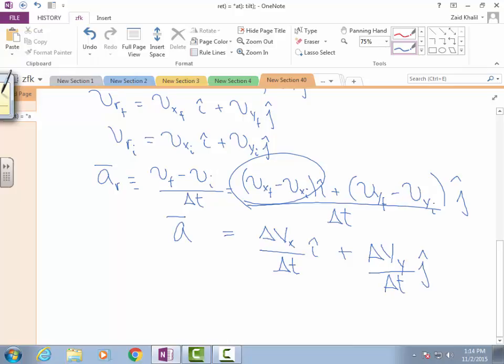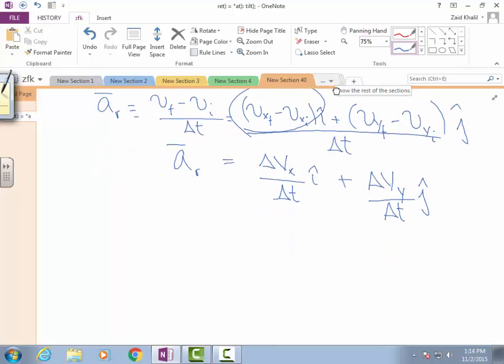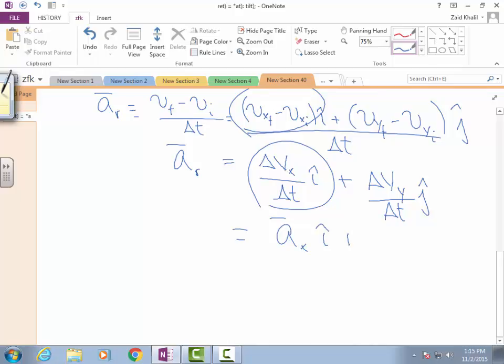That is the average acceleration in the radial direction. Of course, this is equal to the average acceleration in the X direction plus the average acceleration in the Y direction.